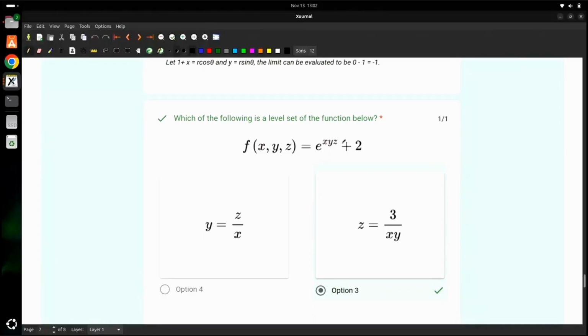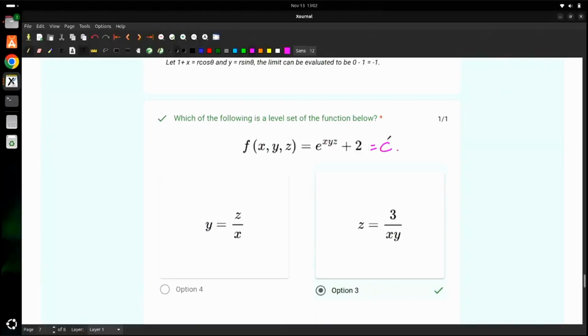The function is a function of 3 variables, but it doesn't matter. Just let the function be some constant c. That is the level set, but of course none of the given options look like that, because the question is asking for a level set. So c can be anything.